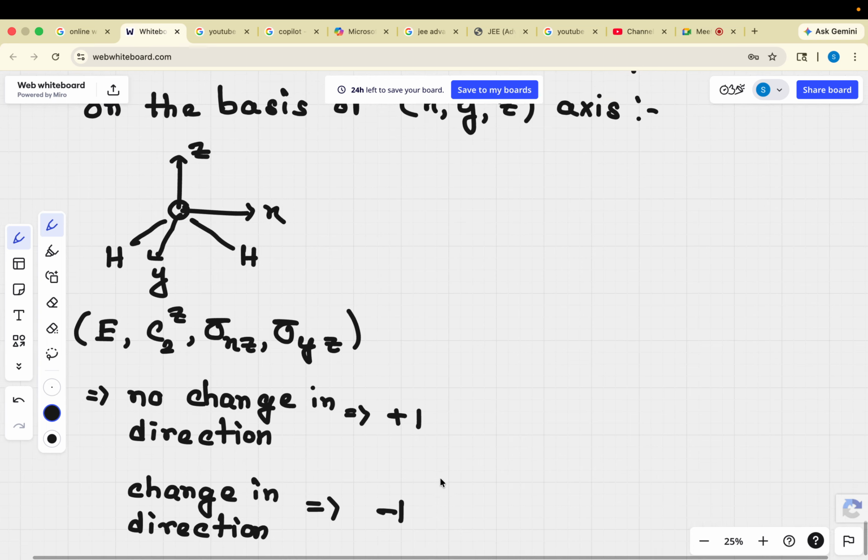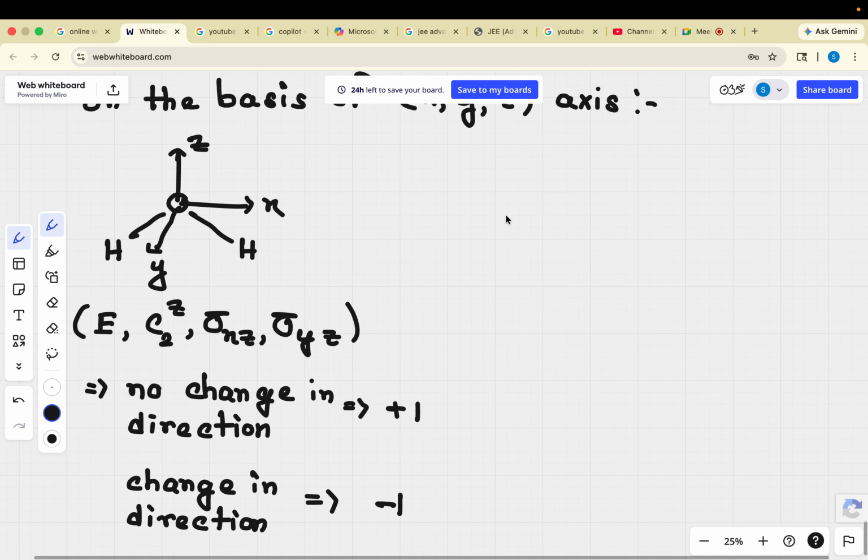Now see, first of all write down all the elements here. E is present here, then you have C2z, next you have sigma xz, and last you have sigma yz. So these are the symmetry elements we have. Now first write down here: effect on x axis.